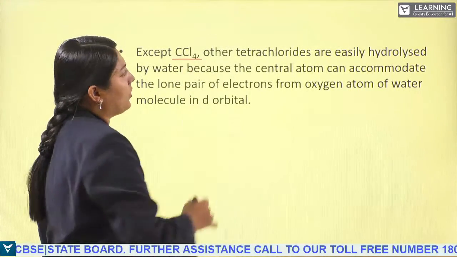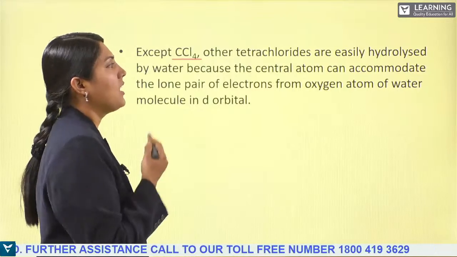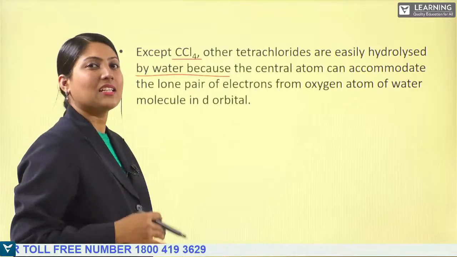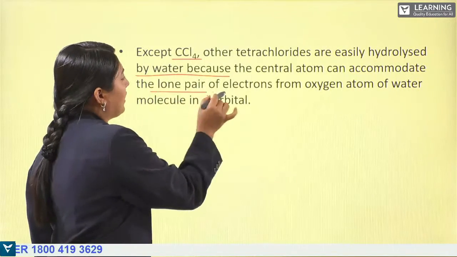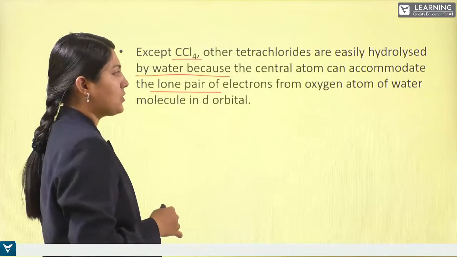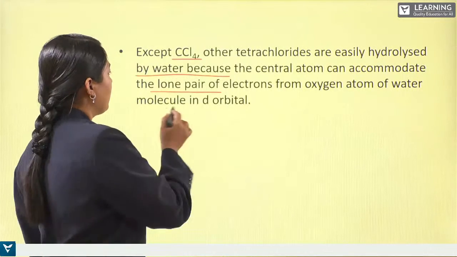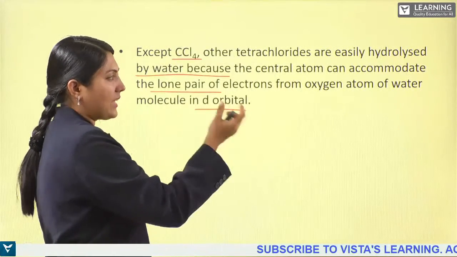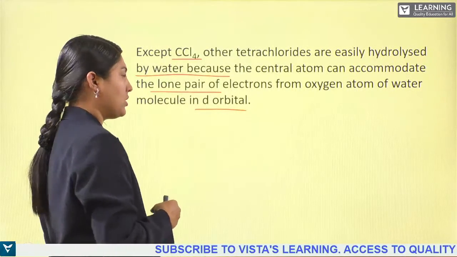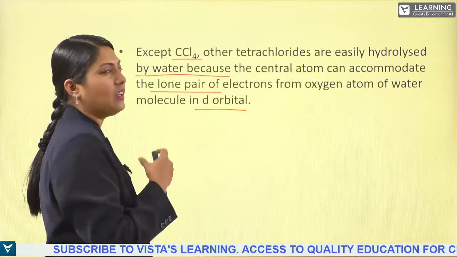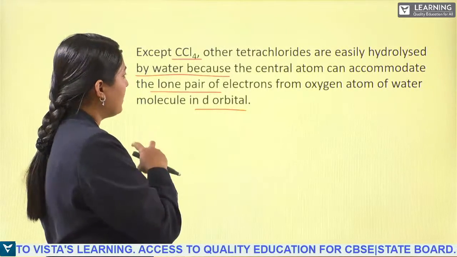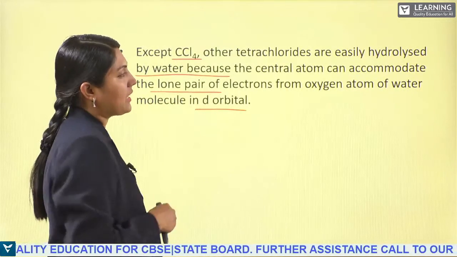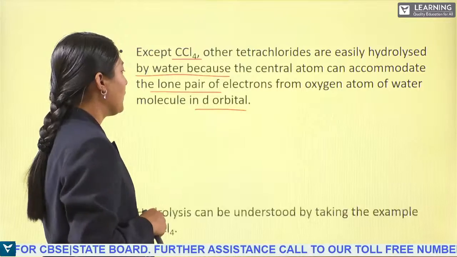Except carbon tetrachloride, other tetrahalides are easily hydrolyzed by water because the central atom can accommodate lone pairs of electrons from oxygen to form a complex. When they accommodate the electrons from oxygen present in the water, they can easily displace the chlorine and take the OH minus ion from the water.